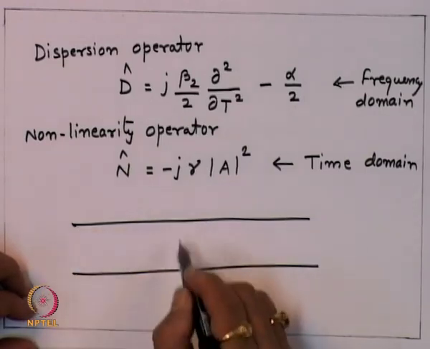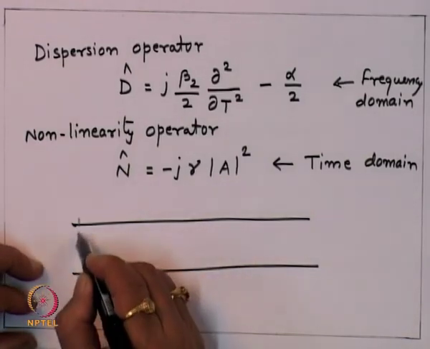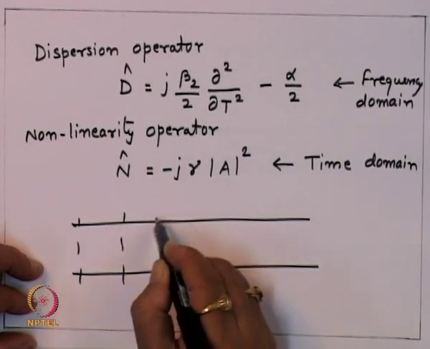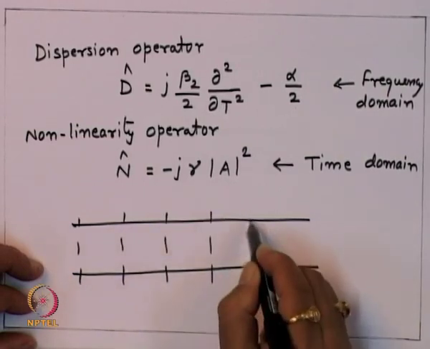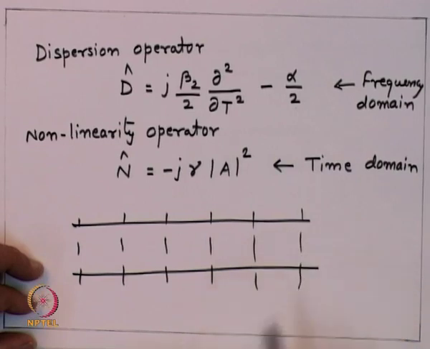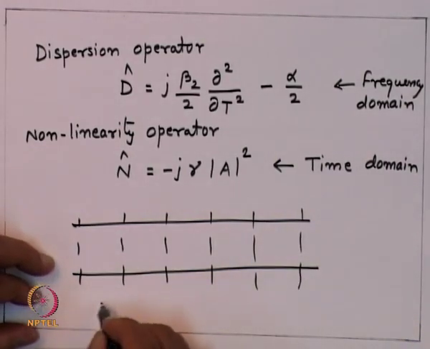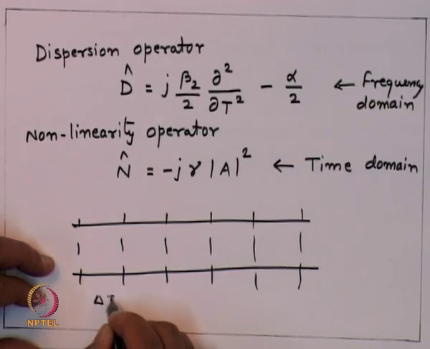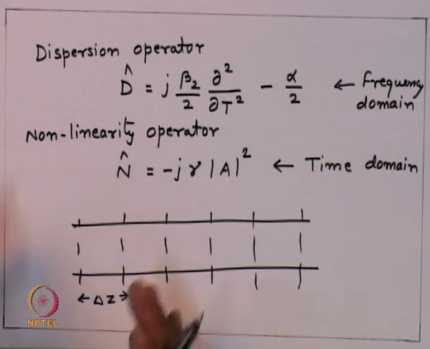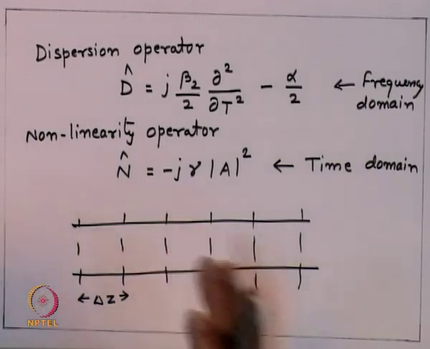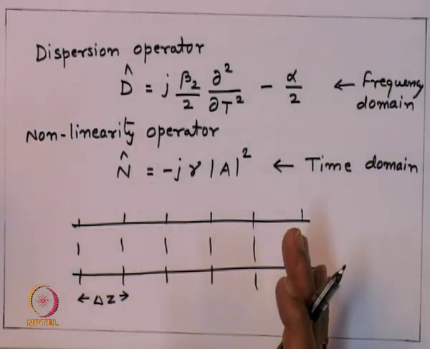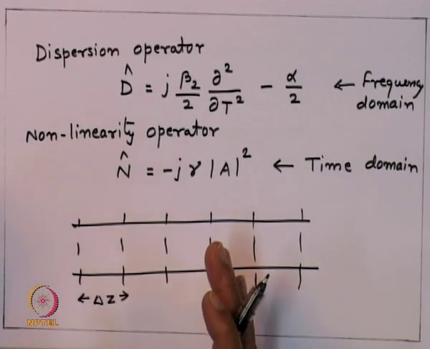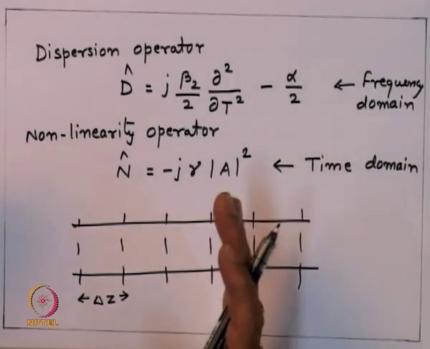Let us divide this into small sections, each of size some delta z, over which we assume that the effects of nonlinearity and dispersion both are small, and it may be adequate to consider one effect at a time.